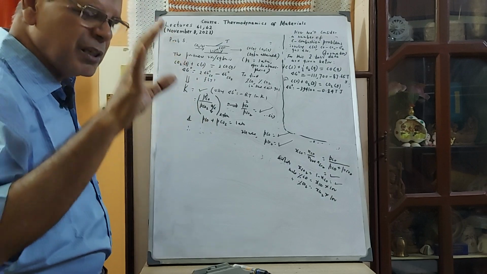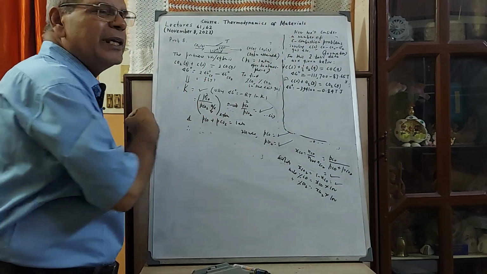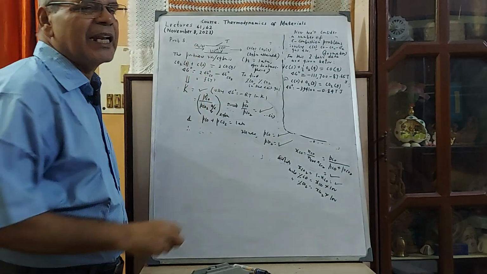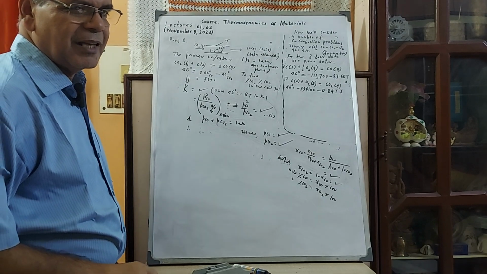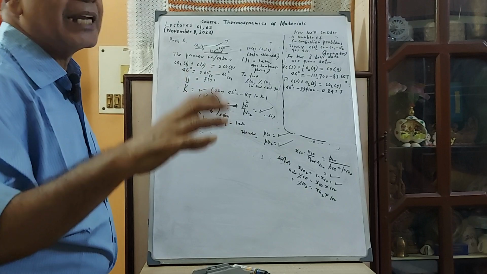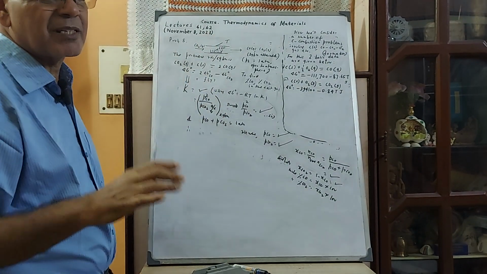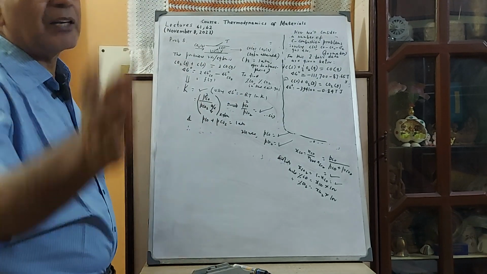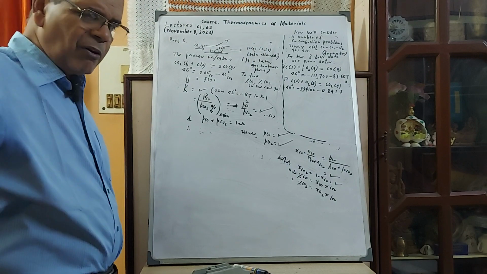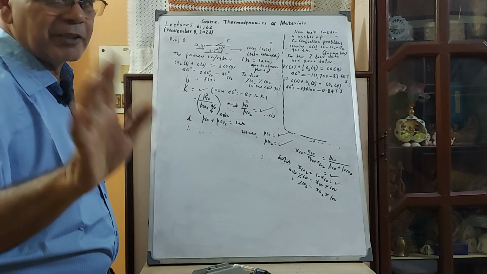Just to convince you, the equilibrium we can always write. This is equilibrium anyone and everyone can write. But how to make it feasible in the lab? You have to count on kinetics, and that depends on temperature. So at high temperature, and metallurgy is often considered a high temperature system. Blast furnace. No other department talks about 1500, 1600 degrees centigrade. You go around all departments in your university and you will see no other department does.